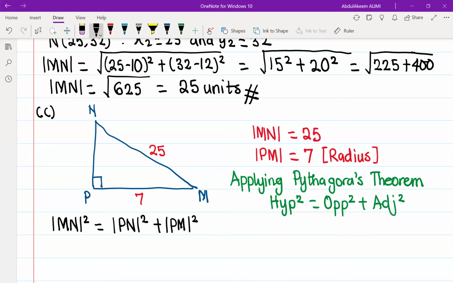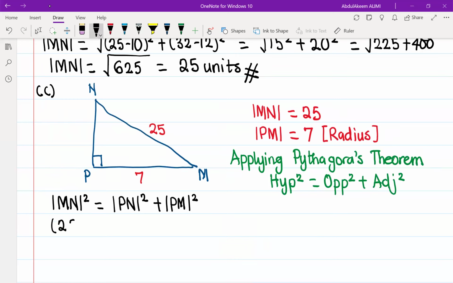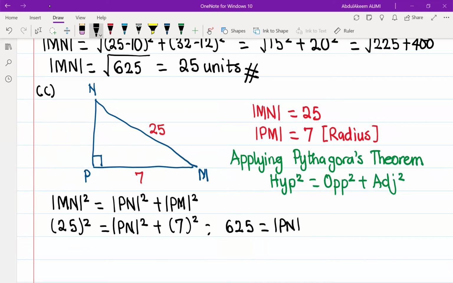So what is my line MN? That's 25 all squared equals PN all squared plus 7 all squared. So what do I have here? I have 625 equals line PN all squared plus 49.